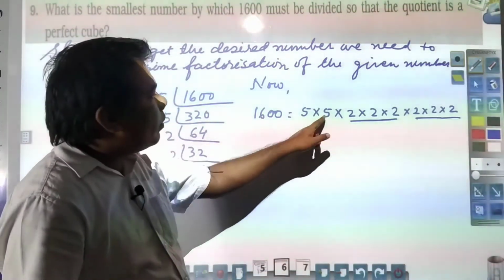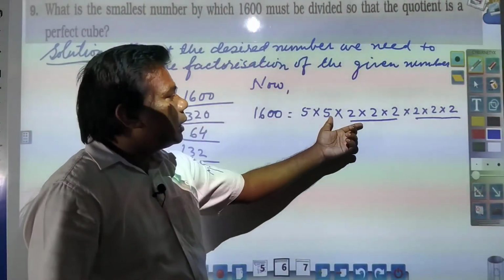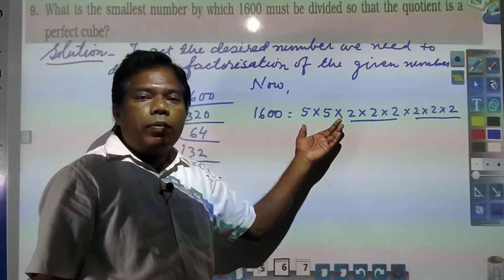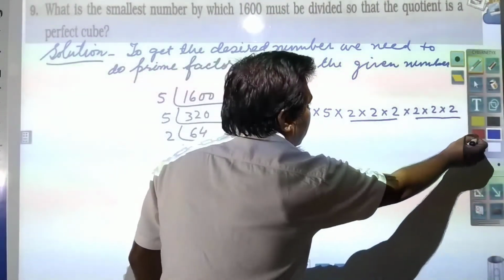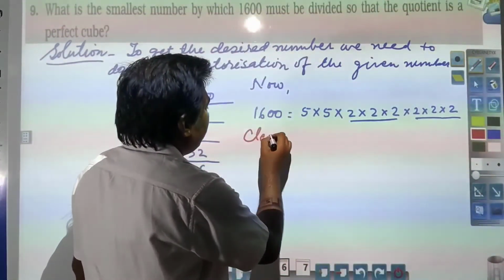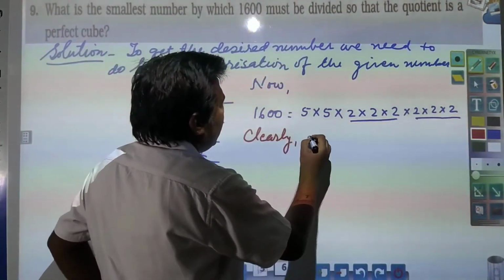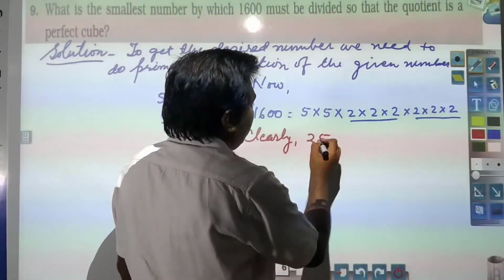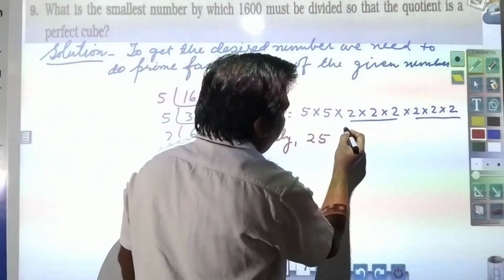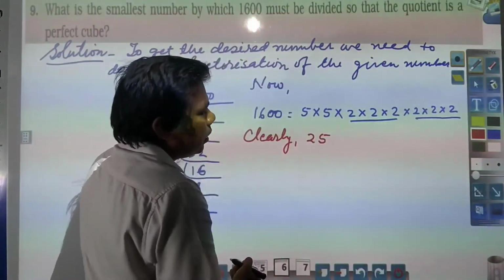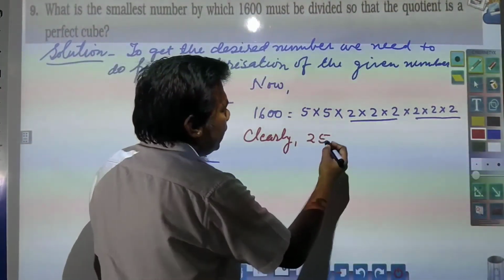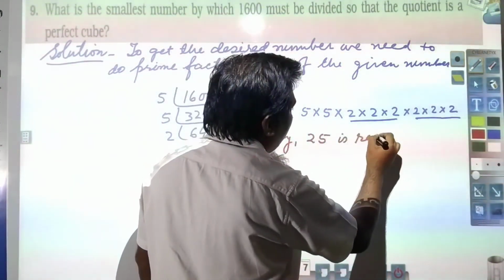If 25 would not be there, then it will become a perfect cube. If you divide this number by 25, then it will be cancelled. So 25 is required to be removed from the given number.